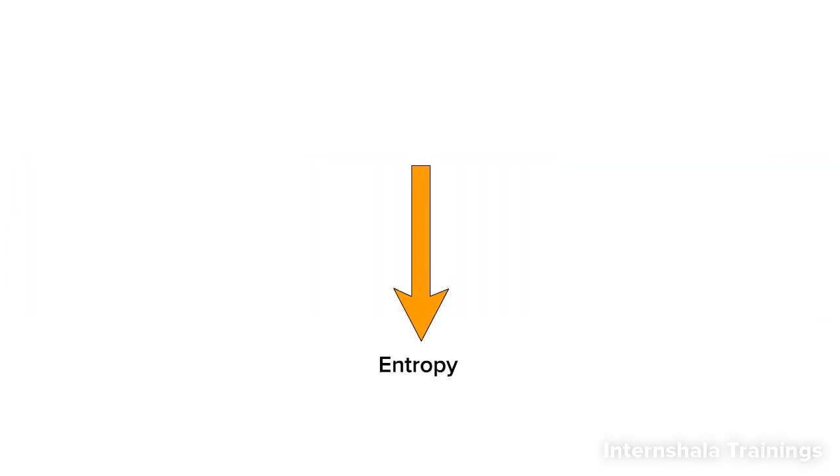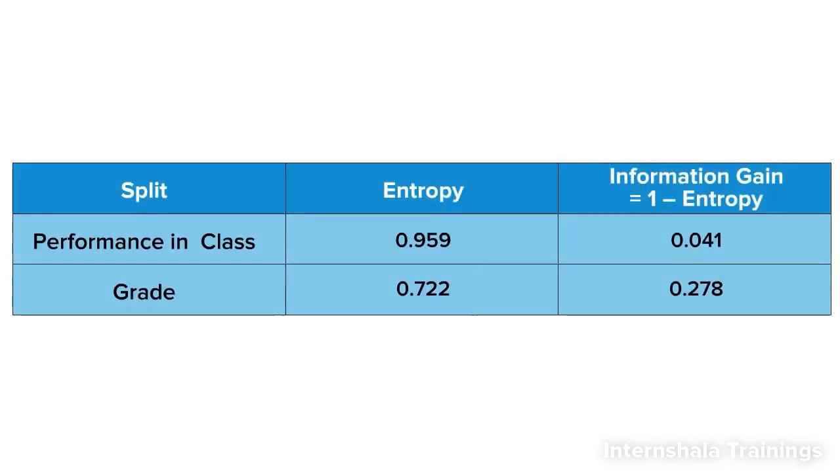Remember, we have discussed lesser entropy or higher information gain leads to more homogeneity or the purity of the node. And hence, based on the comparison, split on class will produce more pure nodes. This is how we can make use of entropy or information gain to decide the best split.